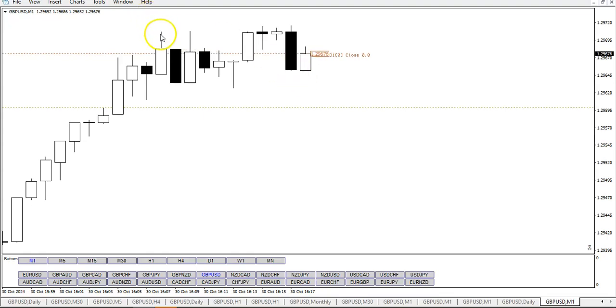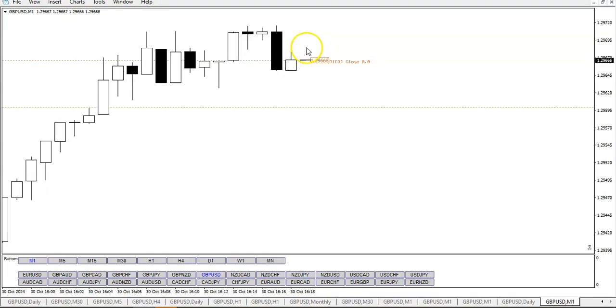Now, once again, looking left, you see wicks here. Wicks, wicks. But then you see a body that pushed through those. So that's kind of indeterminate. So now you can see price is making a lower high, flat bottom.